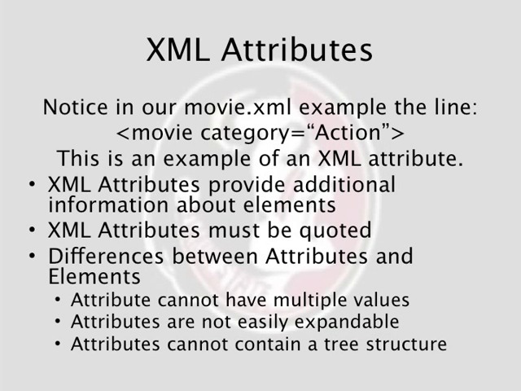So we looked at elements. Here's a little bit about attributes. You can see that this movie element has an attribute called category in it, and category is filled with some text. An attribute always has to have quotes around it in order for it to be read properly. Their purpose is to provide additional information about the elements. They're similar to elements, but there's a little bit of difference.